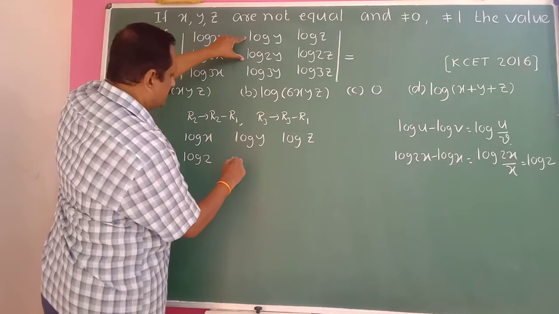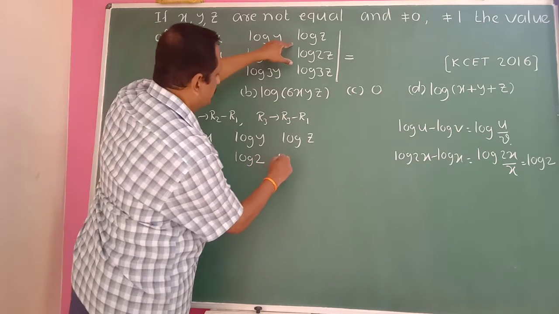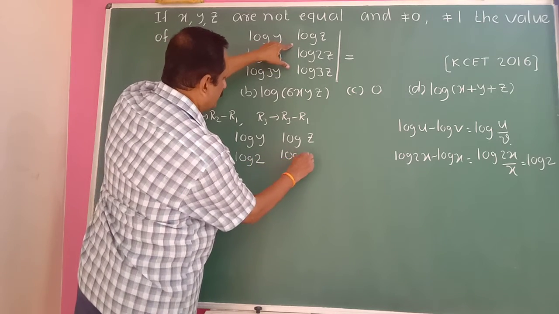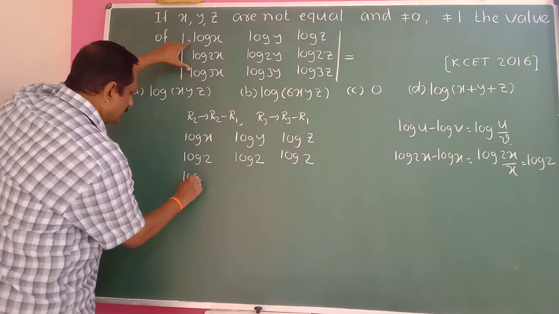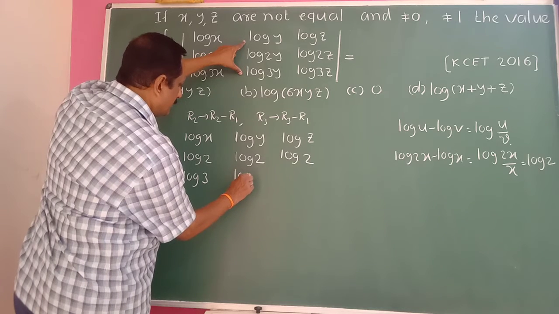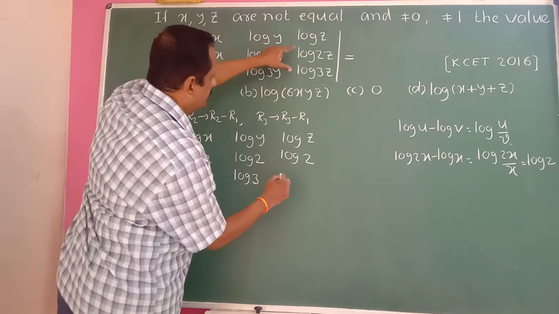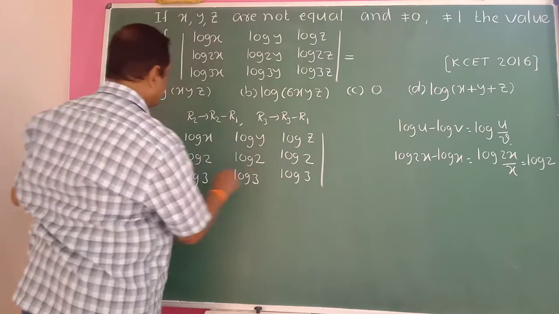This minus this, again it is log 2. This minus this, log 2. Then this minus this, log 3. This minus this, log 3. This minus this, again log 3.